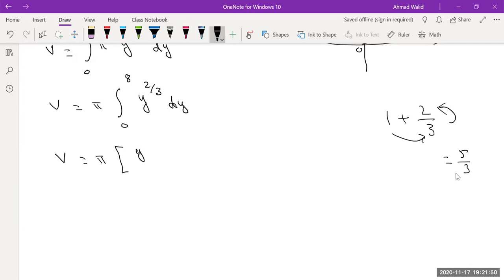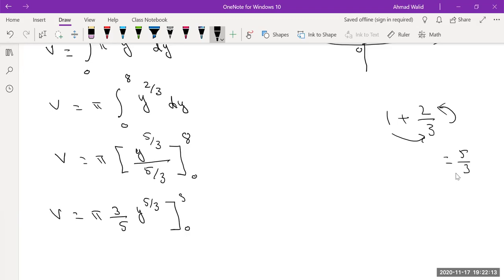Then y to the power of 5 over 3, divided by 5 over 3, from 0 to 8. Or V equals pi times 3 over 5 y to the power of 5 over 3 from 0 to 8.